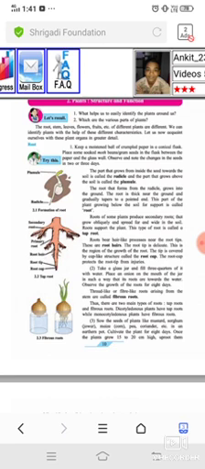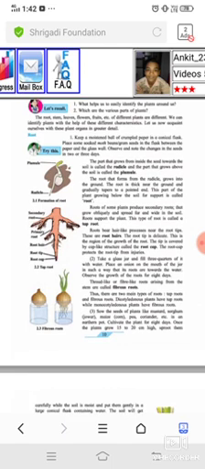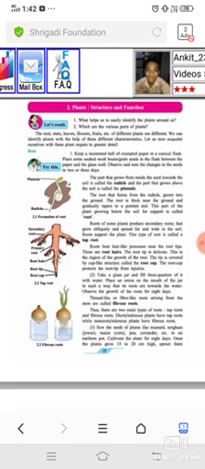Third, sow the seeds of plants like mustard, sorghum, jowar, maize, pea, coriander, in an earthen pot. Cultivate the plants for 8 days.